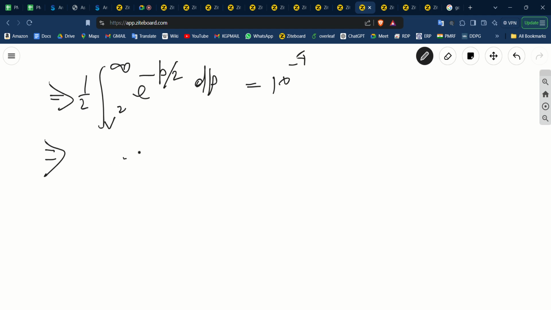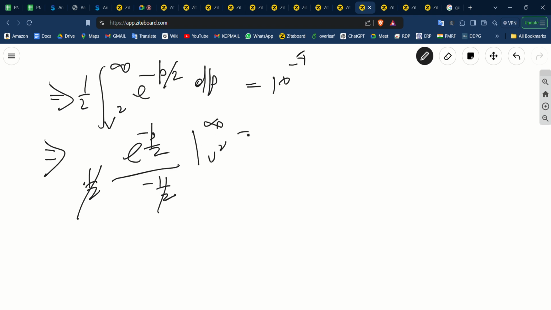So this will become e to the power minus p by 2 by minus half into half. So the half will cancel, between V square and infinity, becomes 10 to the power minus 4. Implies e to the power minus infinity is 0, so it will be basically e to the power minus V square by 2.